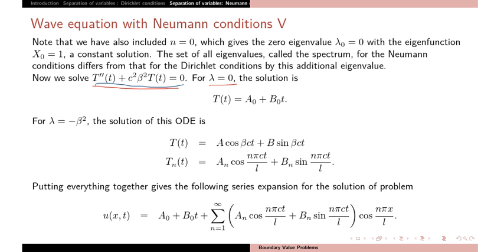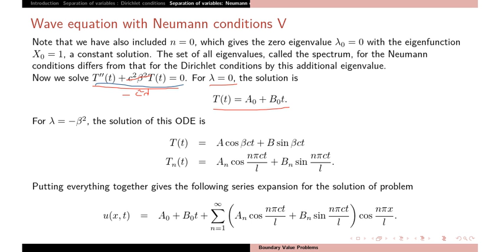If lambda is 0, the solution is T double dash equal to 0, so T will be a plus bt. And there is no need to discuss lambda positive, as you get the trivial solution.